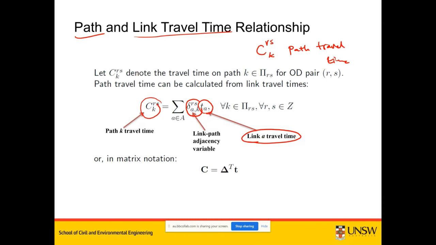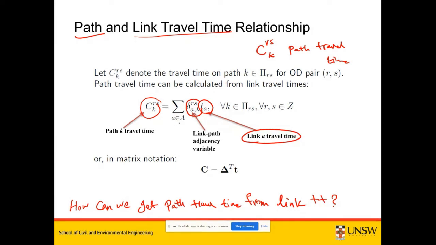So the question we want to answer is how can we get path travel time from link travel time? We can use this formulation, again given that link-path adjacency variable or matrix.